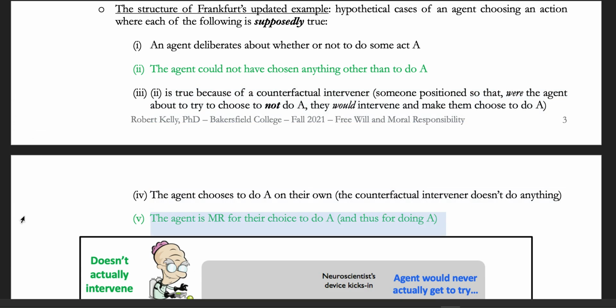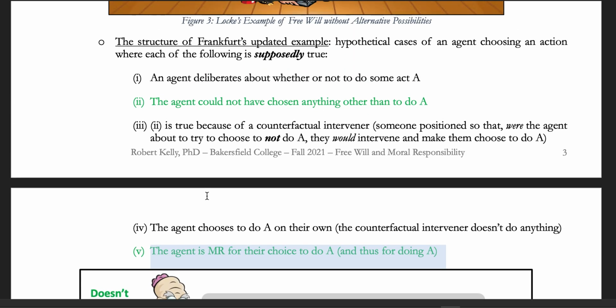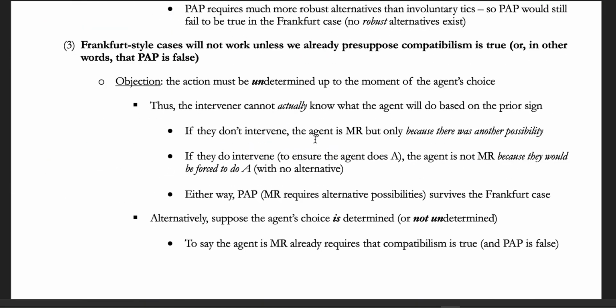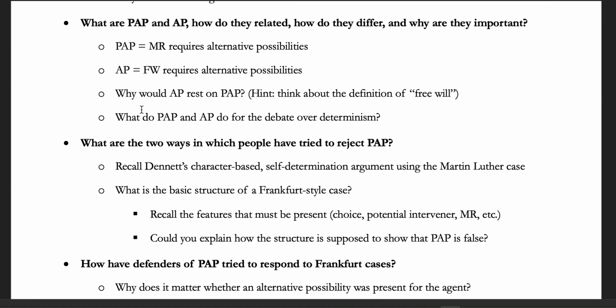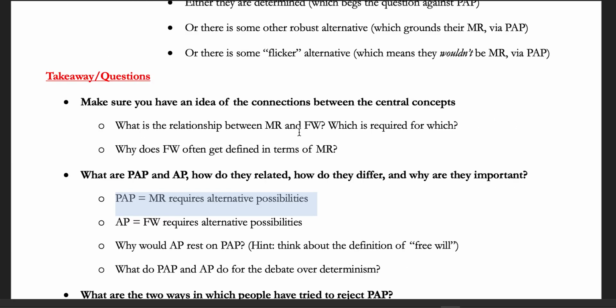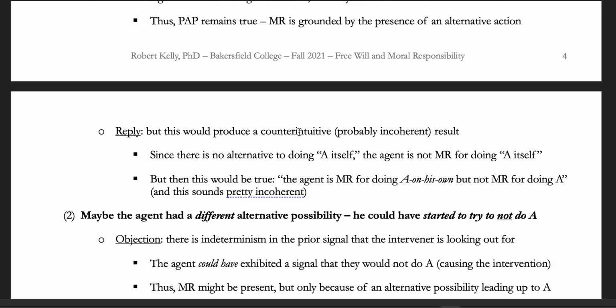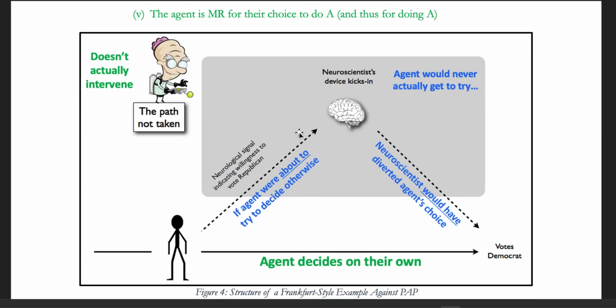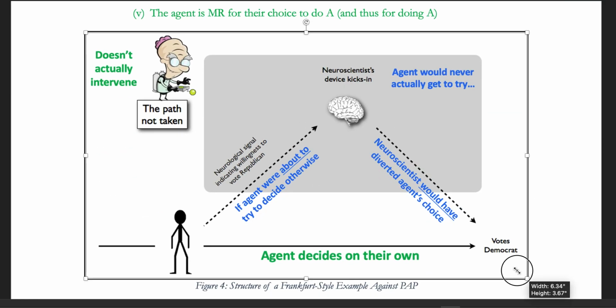This, and this. And 5 and 2 together create the problem for PAP. Agent is responsible for A. Agent couldn't have done anything other than A. What's PAP? Responsibility requires alternatives. So, that just bugs me.